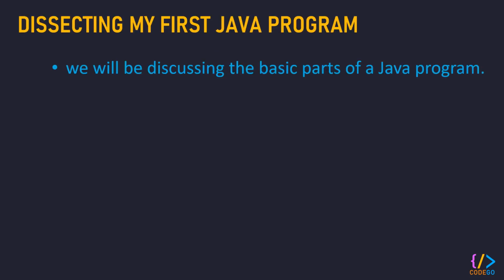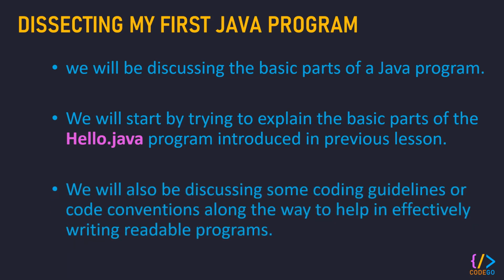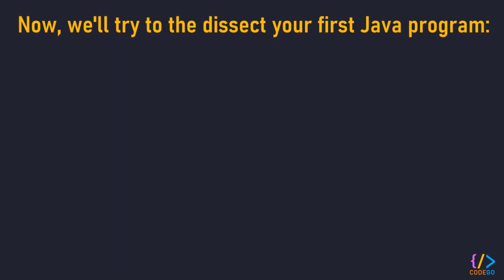We will be discussing the basic parts of a Java program, starting with the basic parts of the Hello.Java program introduced in the previous lesson. We will also discuss some coding guidelines or code conventions along the way to help in effectively writing readable programs.